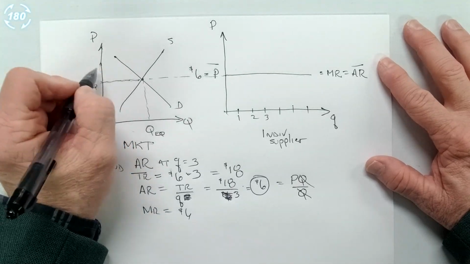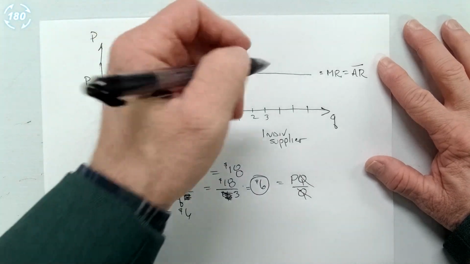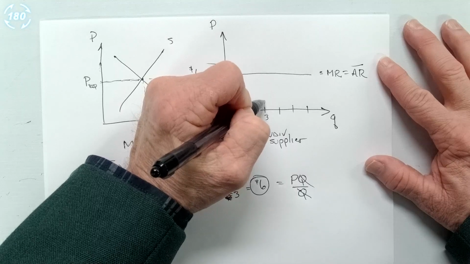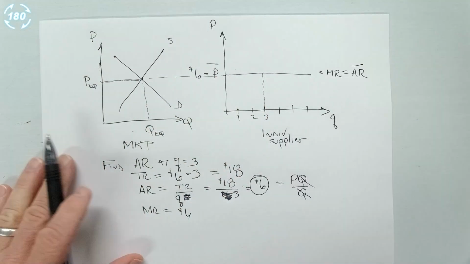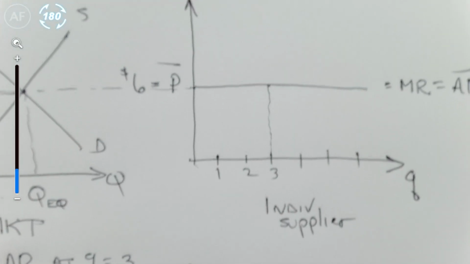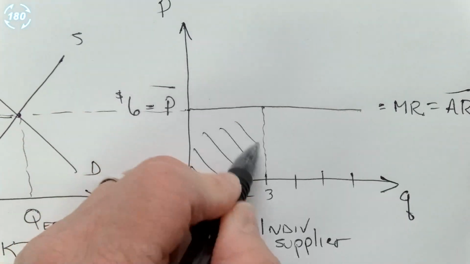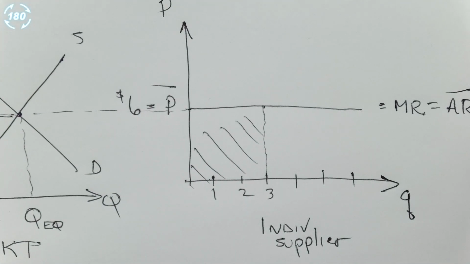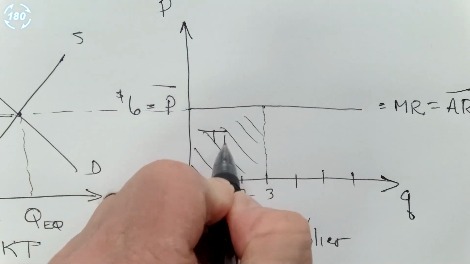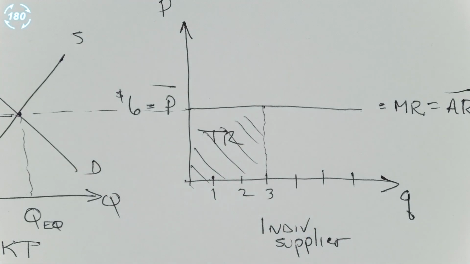I draw a rectangle like this, we'd find the area. For an individual supplier, the same concept applies. The individual revenue is the area of this rectangle here. That's an important thing for us to note. We'll be using that later. So that is the total revenue. If I said average revenue, I mean total revenue. That's what I meant.